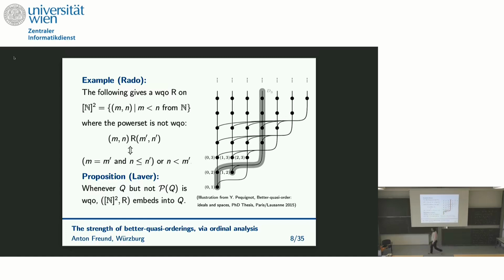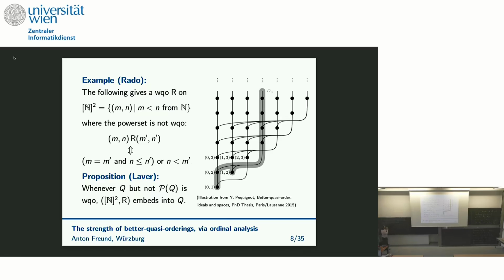Now we should check that this is a well-quasi-ordering, but that the power set is no longer well-quasi-ordered. And let's do that. So the first case is that some of these m_i, the first components, becomes larger than this single number n_0. So m_i becomes larger than n_0 for some i.